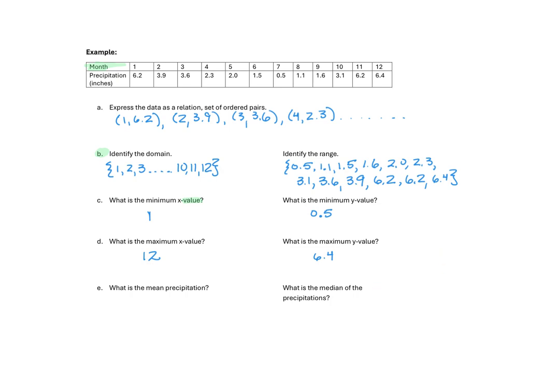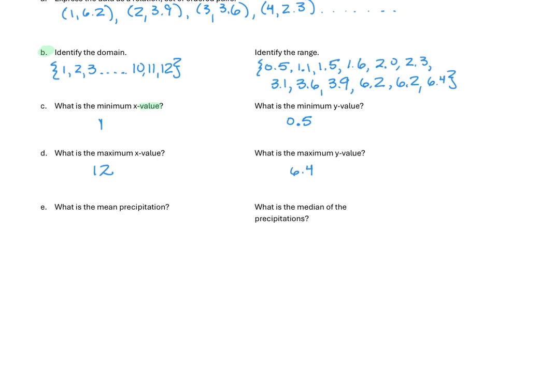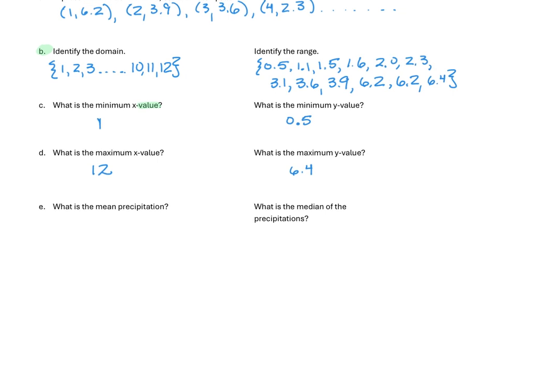All right, the next thing that we want to do is we want to know what is the mean precipitation. Okay, so which ones are the precipitations? These are the y values. And so how do we calculate a mean? This is another word for average. So we want to start by adding up all of the numbers here in our range.